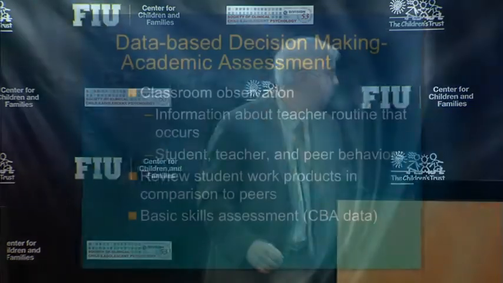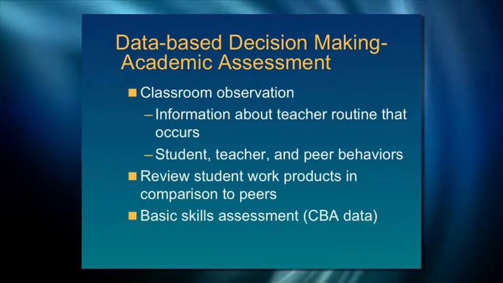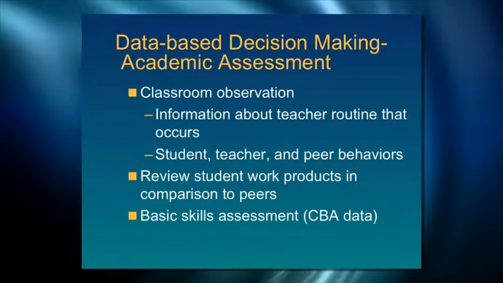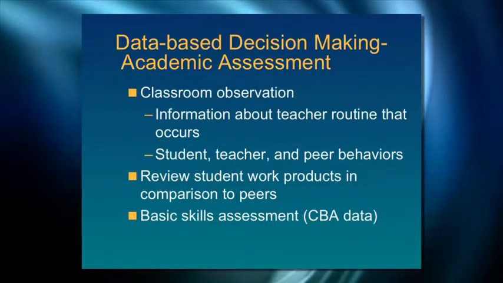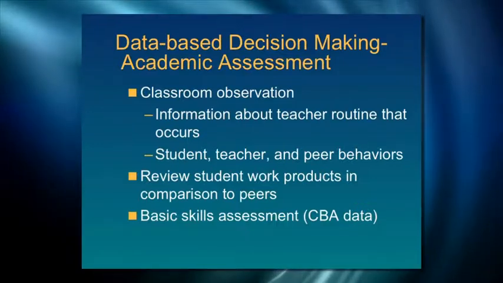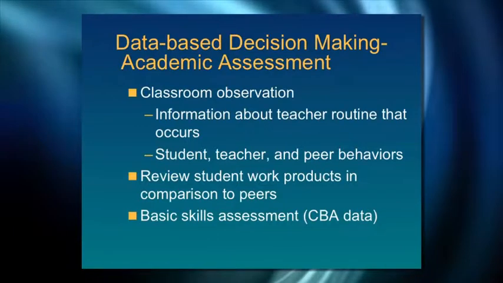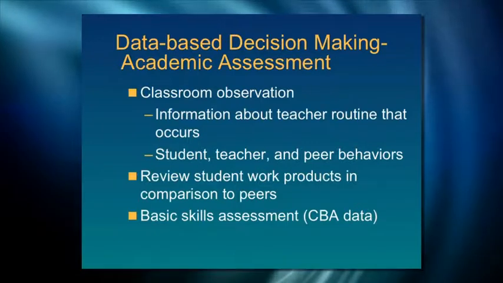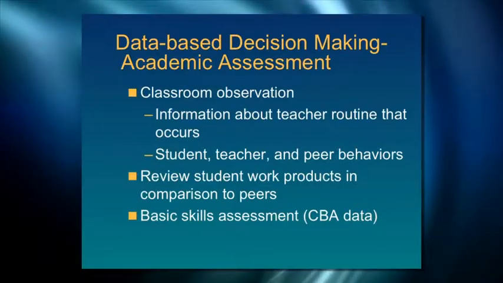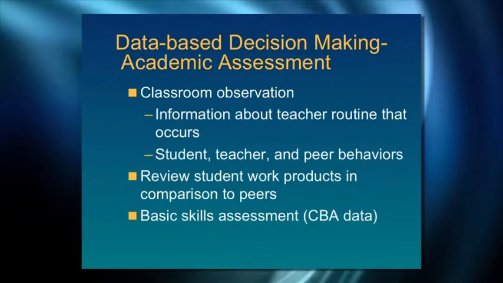The next step is to actually do the assessment. And again, I'm using an academic example here where an observation is being made during the classroom situation where the problem is occurring, and information is gathered about the target student's behavior, the teacher's behavior, and the peers' behaviors, looking again at triggers and consequences, again, part of a descriptive functional behavioral assessment.